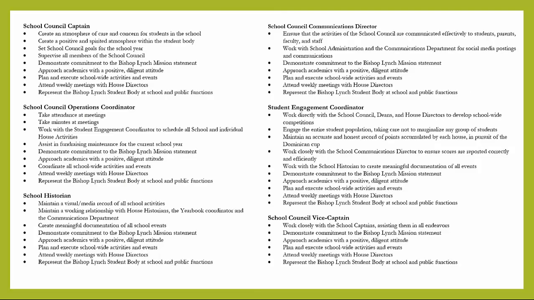So in your handout there is a list on the back side of all of the responsibilities and duties that each of these officers will be in charge of. So when you make your voting selections, I want you to keep that in mind, that this should not be a popularity contest and you shouldn't just vote for your friends. You should vote for people that you really think are up to the job.